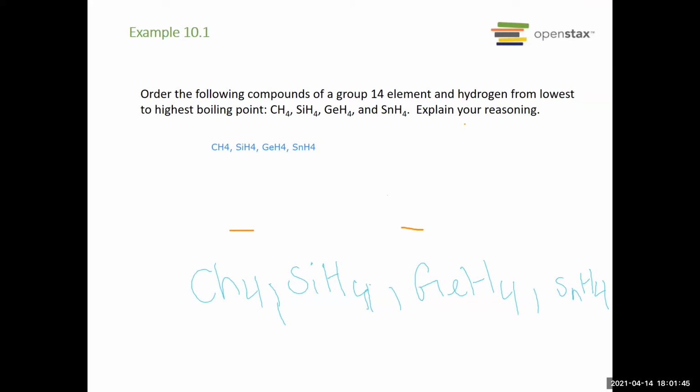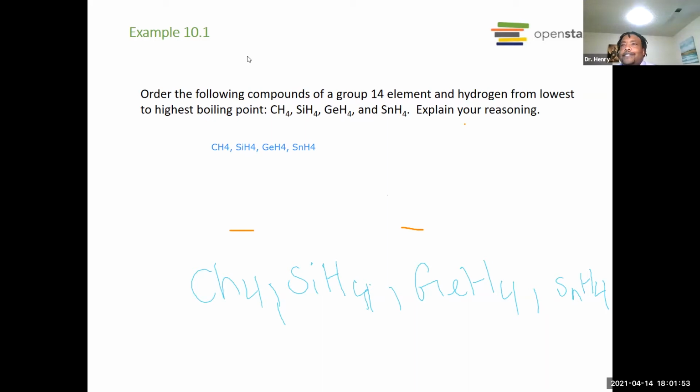Because the smallest has the lowest boiling point, it needs the least energy. It has the least contact, like least surface area. They are non-polar, so they experience a little bit of dispersion forces.